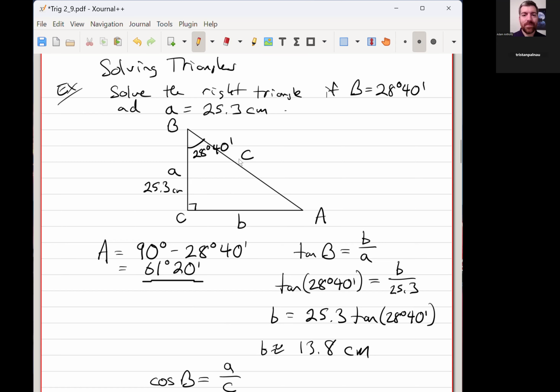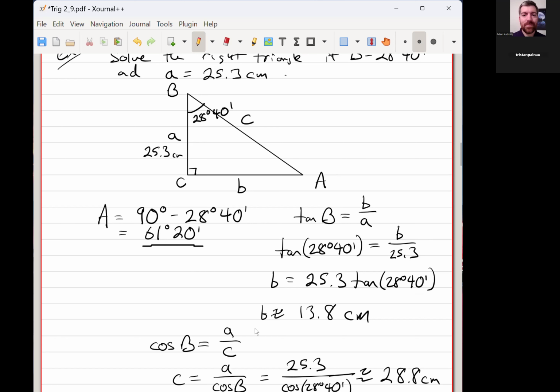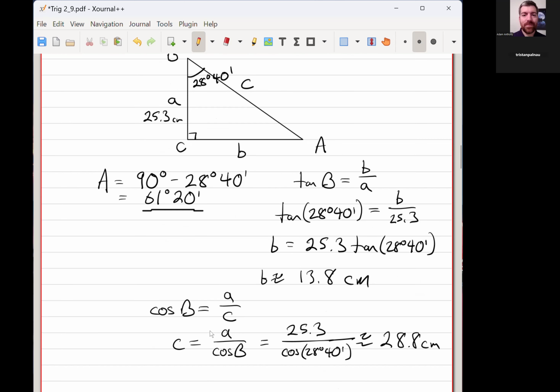So if I want the hypotenuse, I'm given the adjacent. That's either cosine or secant. I use cosine because cosine's a button on your calculator. So cosine of B is A over C, and we will solve for C. Multiply by C, divide by cosine to get this.